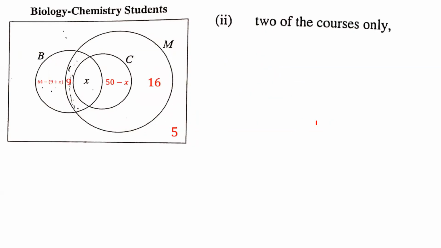Here we want the number of students who are taking 2 of the courses only. So you're either going to be taking math and biology only, and that's 9. Or you're taking math and chemistry only, and math and chemistry only is this one. That's going to be 50 minus x. x is 30, so it's going to be 50 minus 30, which is 20.